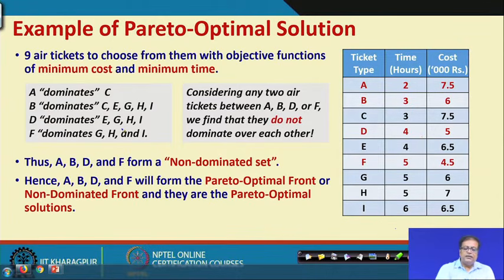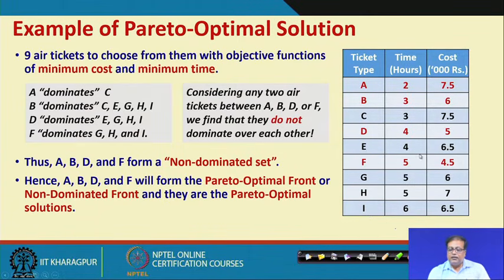B dominates C, B dominates E, is it all right? B dominates G, and B dominates H and B dominates I, right. D dominates E, D dominates G, D dominates H and D dominates I. Why?